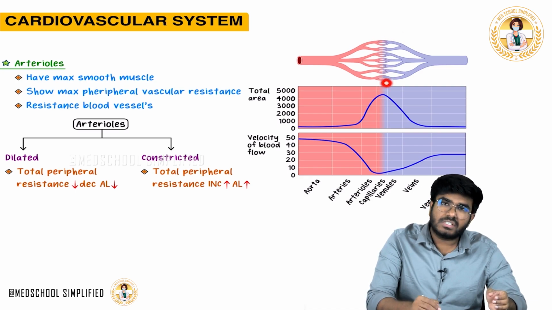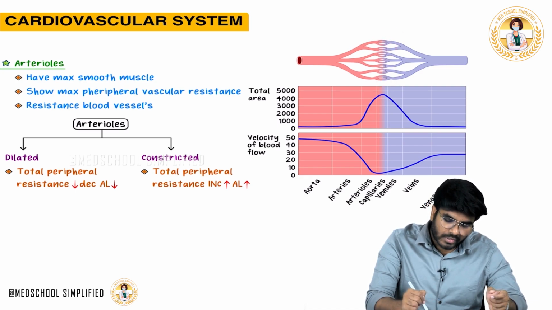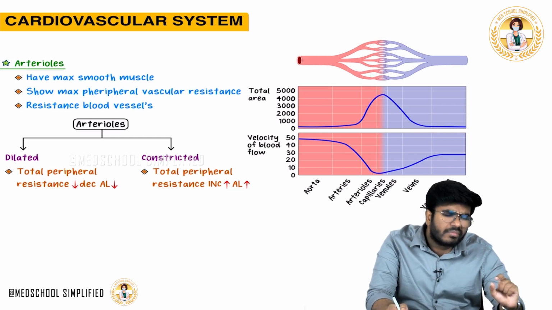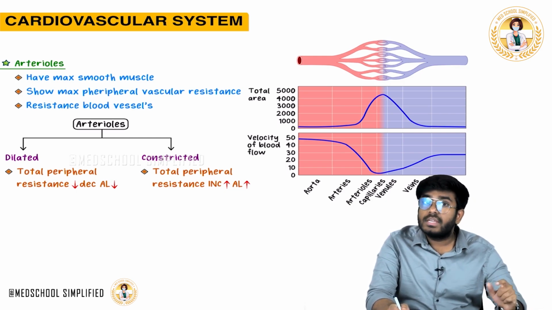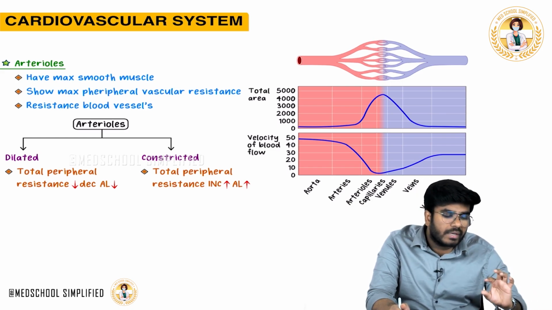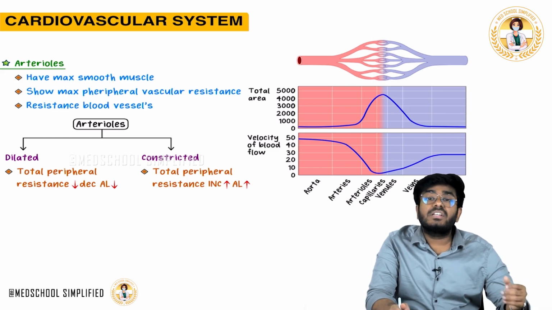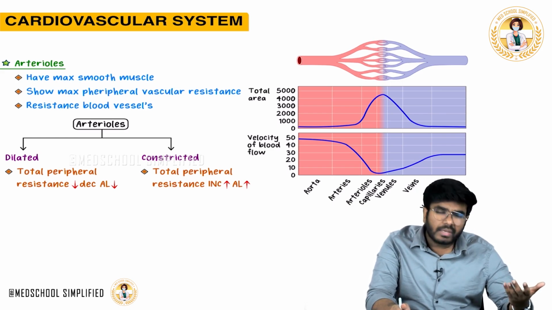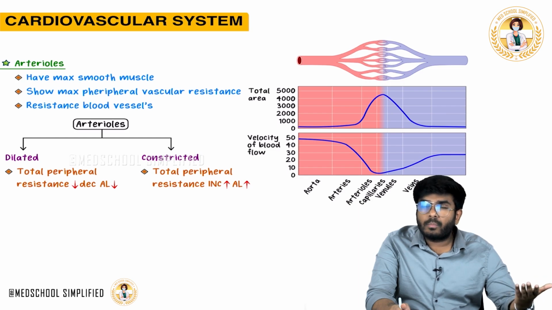Whenever there is more cross-sectional area, what happens? The velocity of the blood flow is very, very minimal, very slow. Is that good or not? It's definitely good. Why? Because whenever the blood is going with very little speed, exchange of materials happens in a better way.